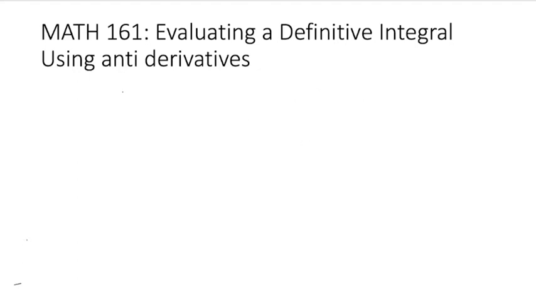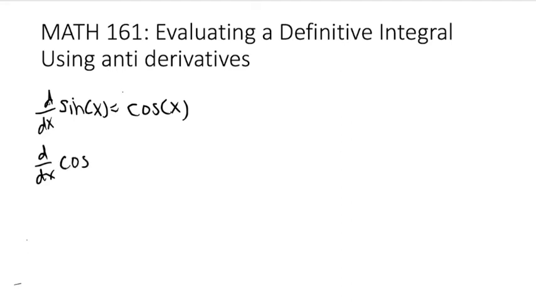I also showed how to find the antiderivative using polynomials. In this case, we're going to be doing it for trigonometric functions. So the derivatives of the trigonometric functions are: the derivative of sine x is cosine x. The derivative of cosine x is negative sine x.